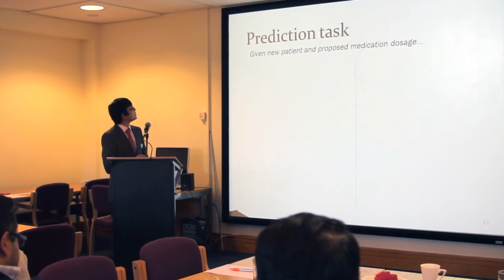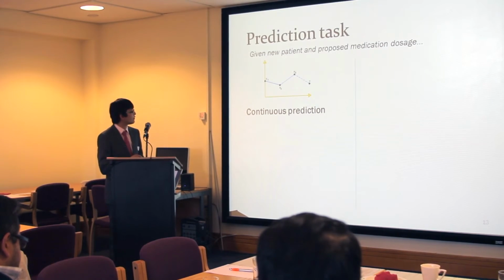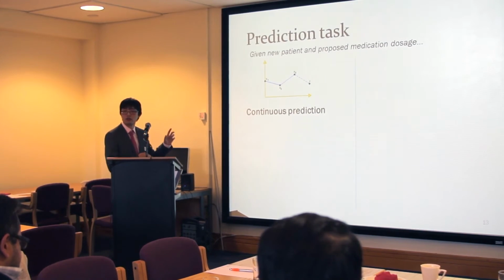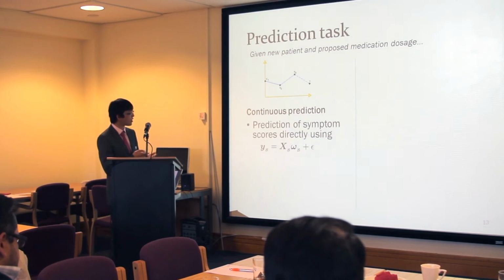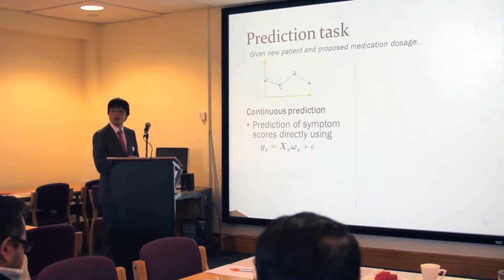So for the prediction task, given a new patient, I can do two things. I can generate a continuous prediction for their symptom weighting, for example, how hyperactive they are. And I simply use this formula and the model I have.